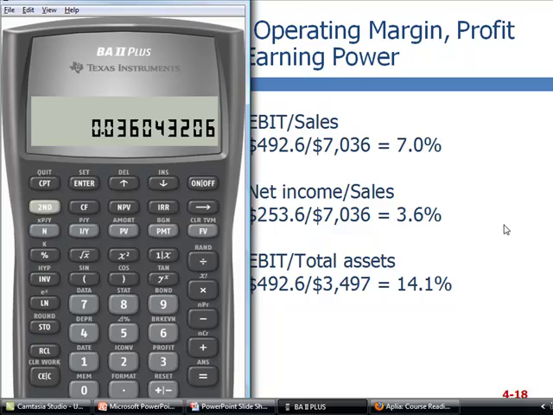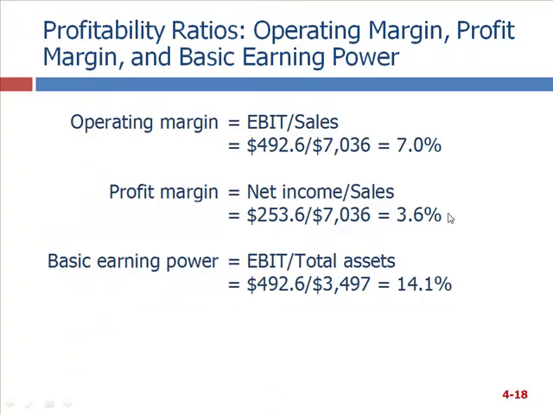Okay, so going back over here, leaving the calculator talk aside for the moment, I think we've taken care of that. Looking at these ratios again, I want to see how is DeLeon doing with its operating margin and its net profit margin.